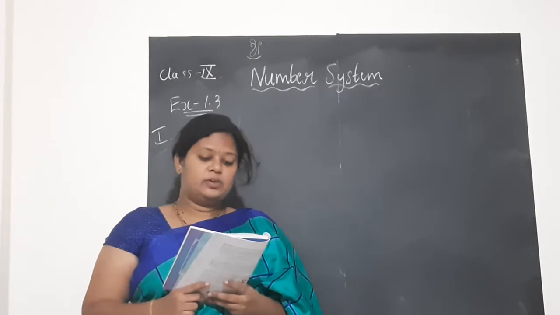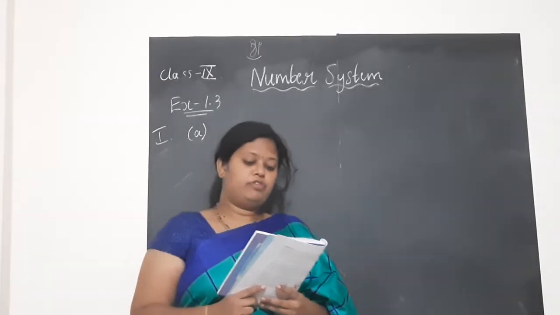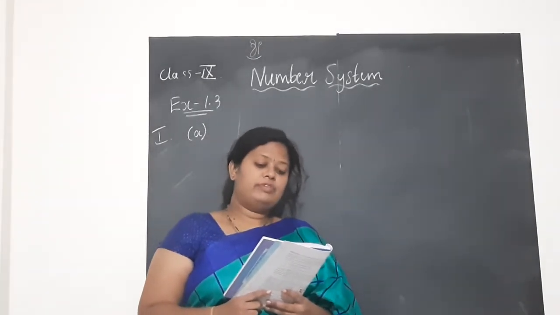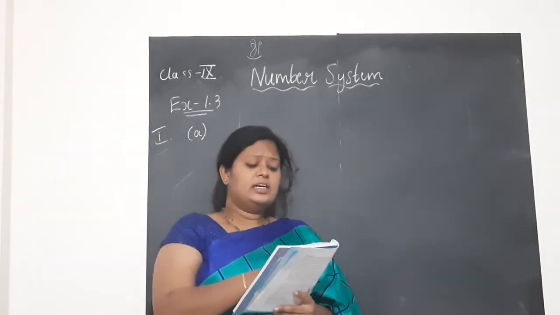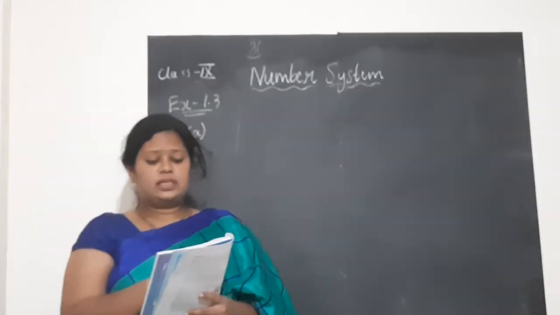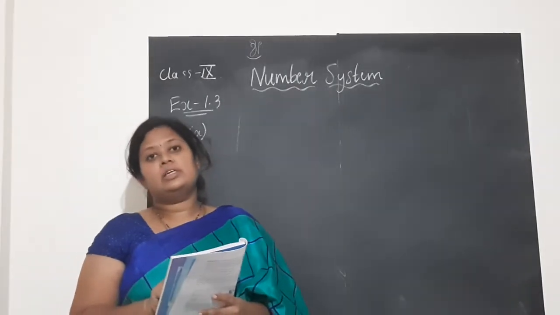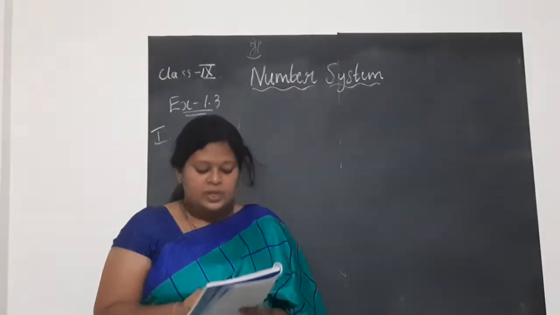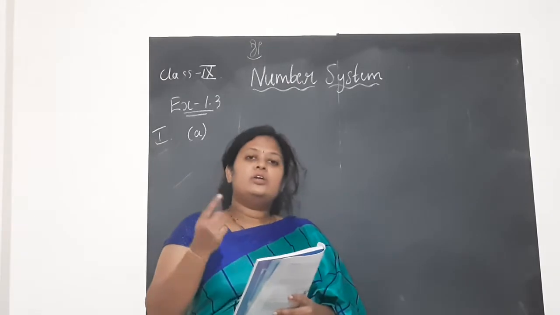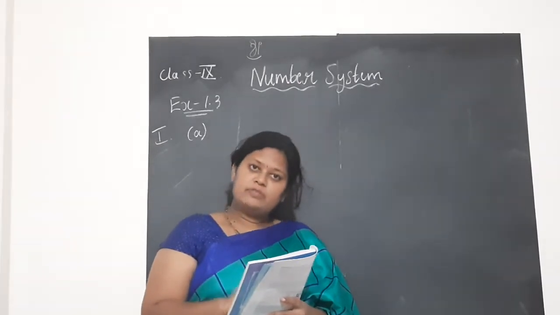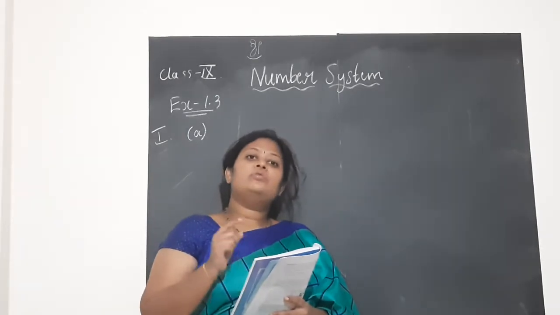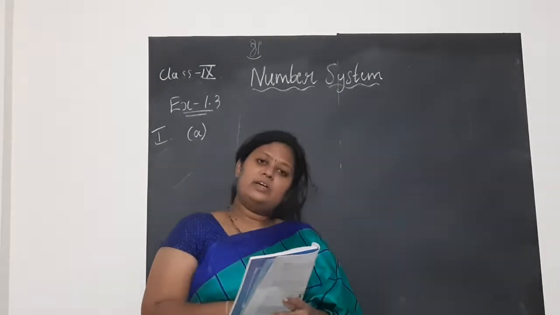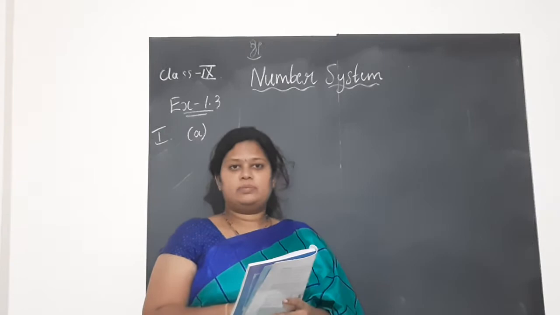First main is: write the following in decimal form and say what kind of decimal expansion each has. There are 6 sub questions, children. What you need to do is the actual division for the given fractions. If you get the remainder 0, then it is a terminating decimal expansion.